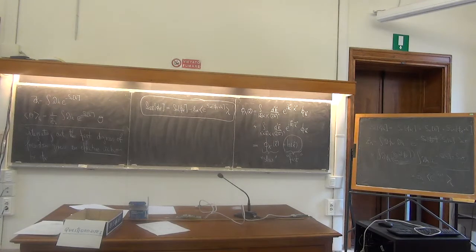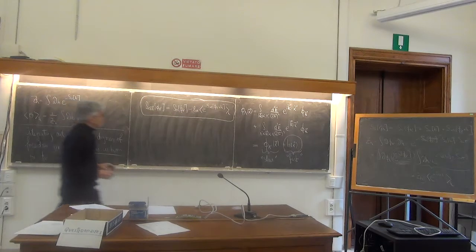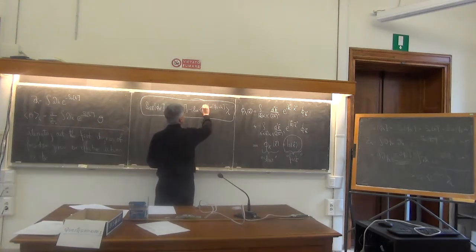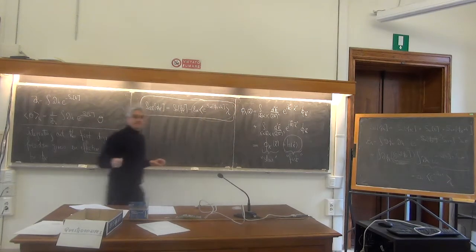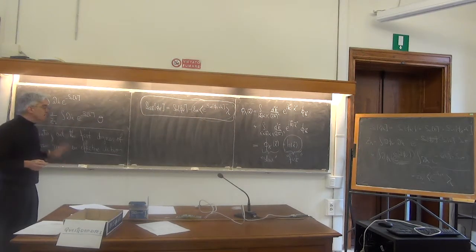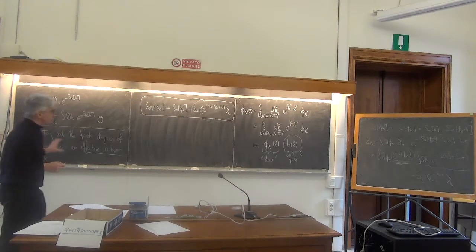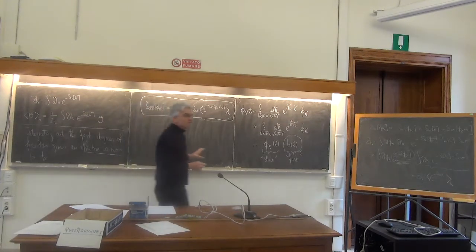So this is very general. In principle you can write this formally for any theory you like. Now, the trouble is you have to work out this object here. In practice, in order to work it out, you have to use perturbation theory.